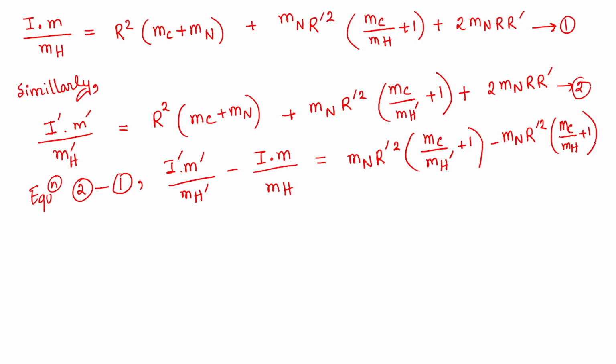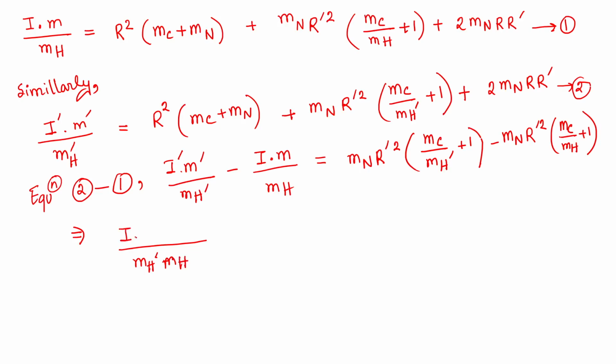Is it okay so far? Now look at the beauty of the equation. We have got rid of the r. We only have r dash. And let us go a little further also. If we try to simplify the left hand side, then we can do it something like that, m h.